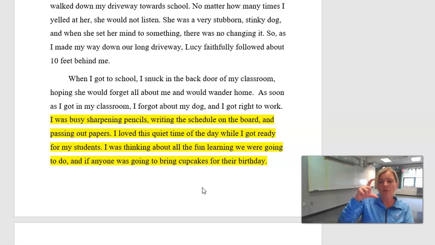So if you've only written this much, that means you are not writing 20 minutes a day. Because if you're writing 20 minutes a day, you should have quite a bit. We do expect you to be writing even on the days that I don't do a lesson, or more than 20 minutes on the days we do have lessons. So try to stretch out your writing and challenge yourself to write more.